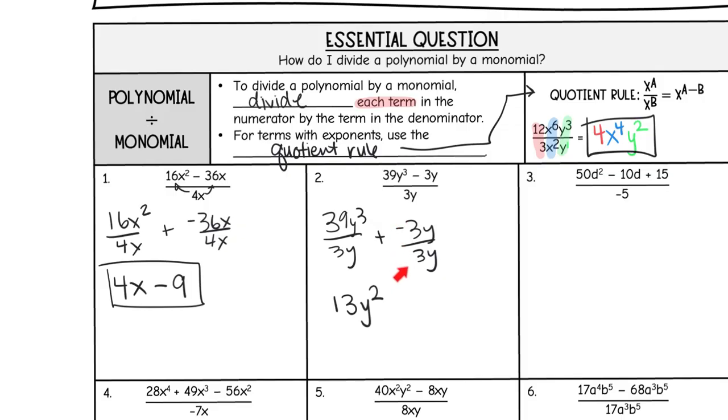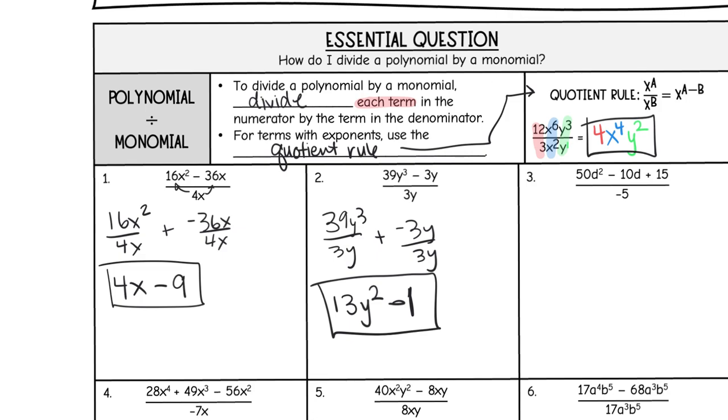Negative 3 divided by 3, that's just negative 1. So I'm going to have minus. And then y divided by y, that's just 1, right? An exponent of 1 minus exponent of 1 would be y to the 0. We know any number to the 0 is just 1. So my answer here, 13y squared minus 1.